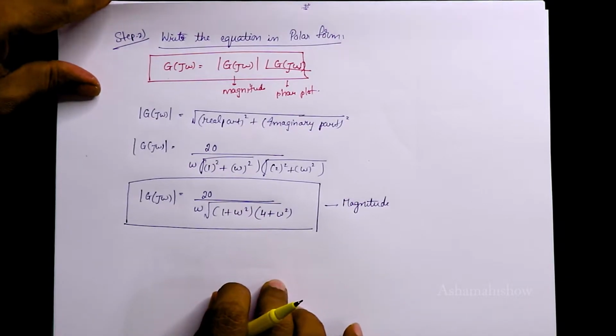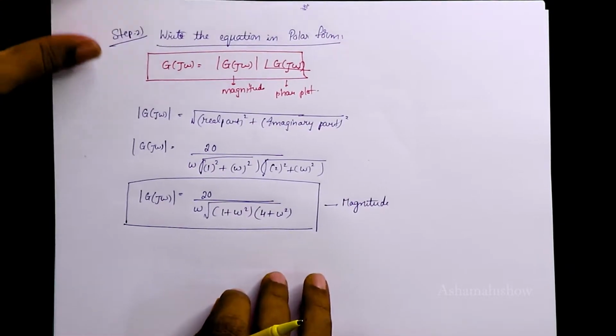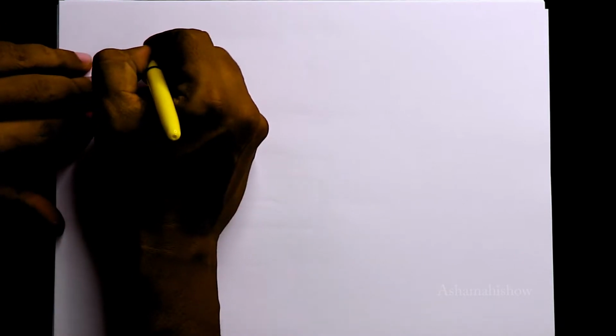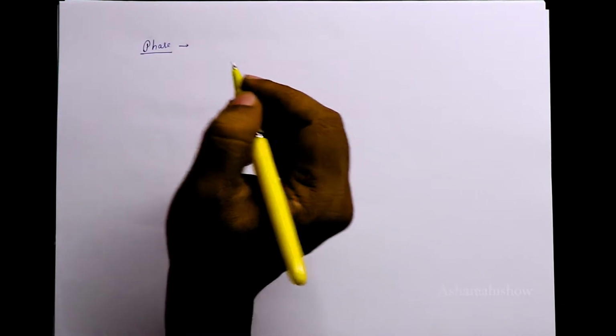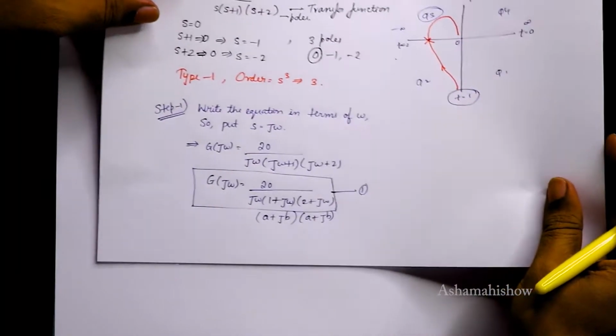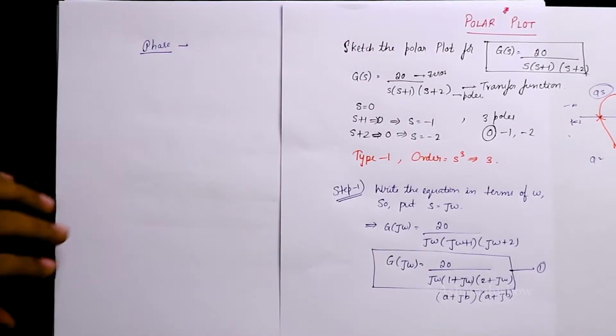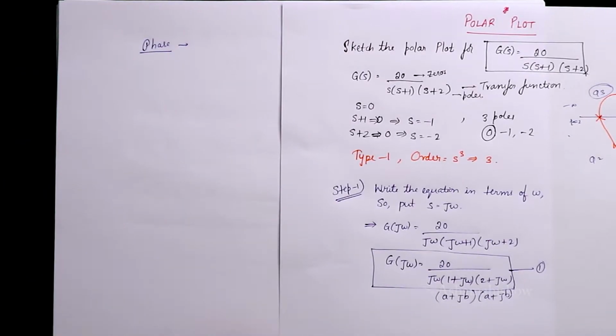Now we need to find the phase. So to find the phase, let us take the equation again. I'll keep this side for your reference. So the equation is 20 by j omega.